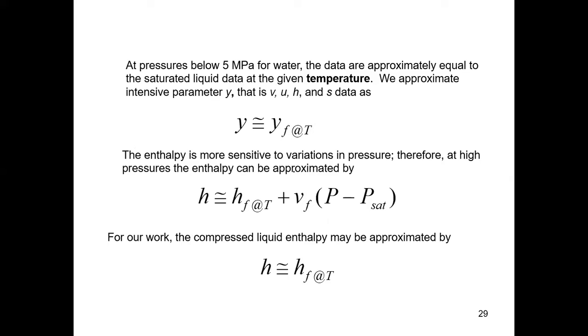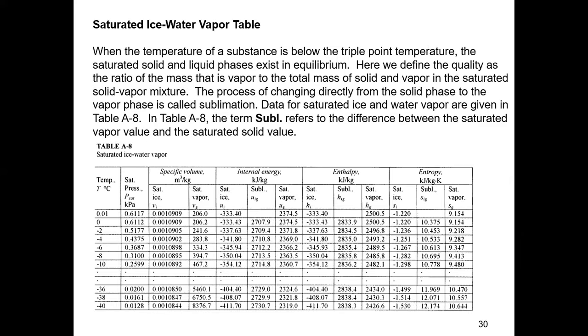At pressures below 5 megapascal for water, the data are approximately equal to the saturated liquid data at the given temperature. We approximate the intensive property y, that is v, u, h, and s data, as y equal to yf at temperature T. The enthalpy is more sensitive to the variation in pressure.